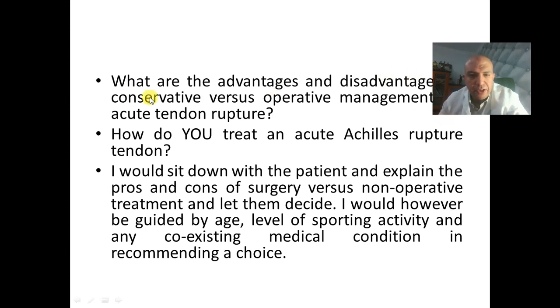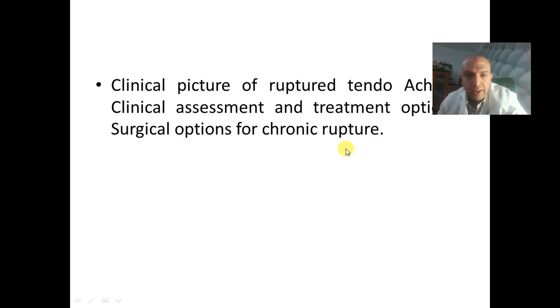What is the advantage and disadvantage of conservative versus operative management is a classic real-life and viva exam question. So train your answer. How will you treat? I will discuss and inform the patient about the disadvantages and advantages of each management protocol.